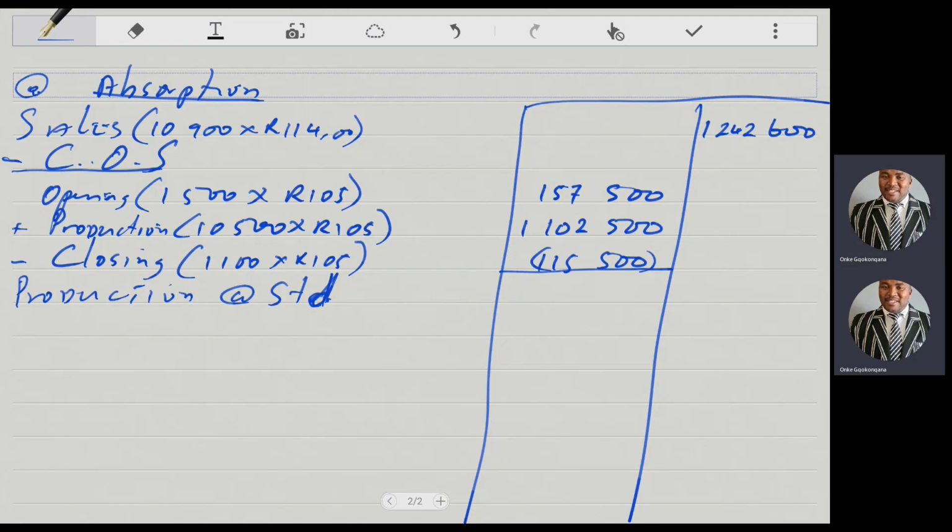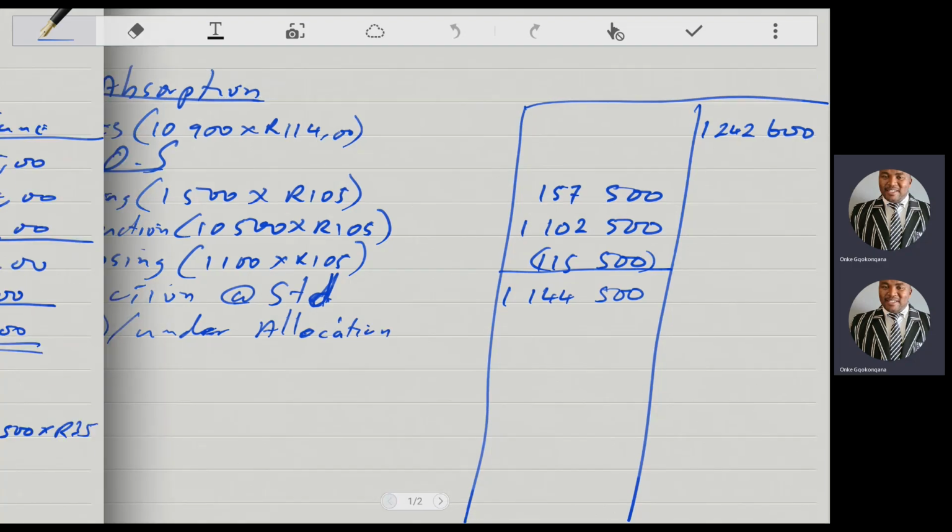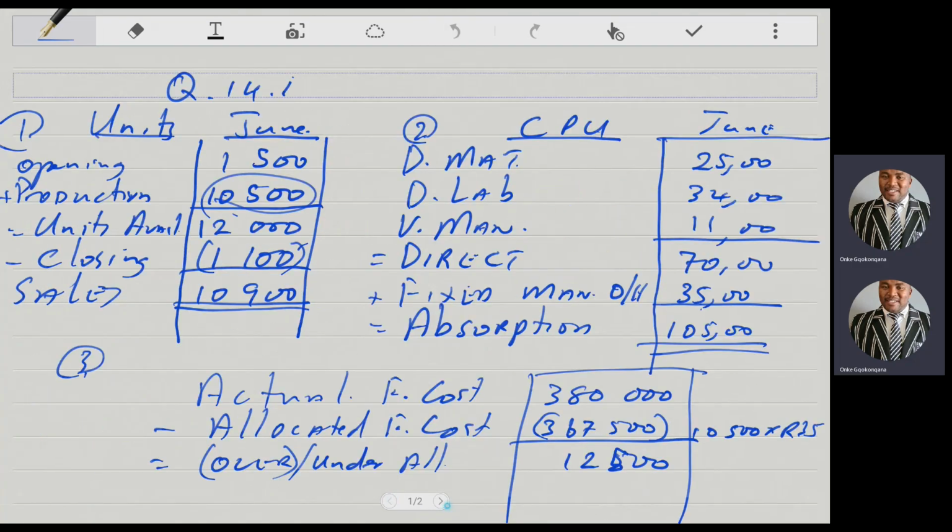Then we minus 115,500. So our production at standard is 1,144,500. And you've got your over or under allocation, the one that we've already calculated in step number 3, 12,500.